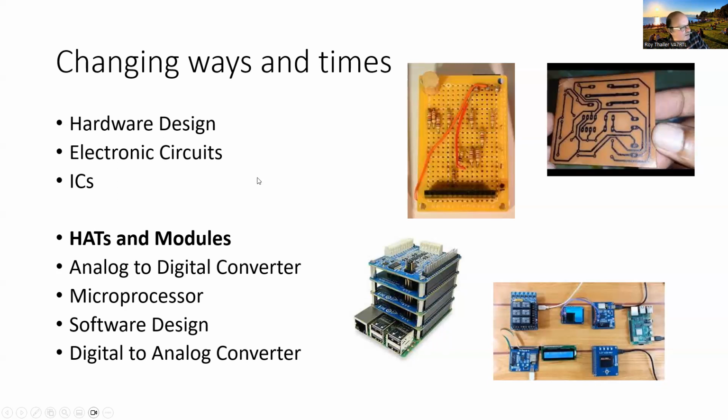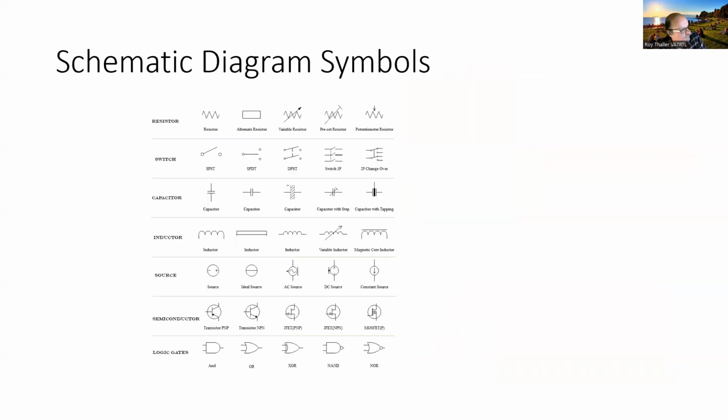So we'll spend some time on electronic circuits so you get to understand how they work, and then we'll end up doing some programming in future courses. One of the things for schematic diagrams is that there are different ways to represent various things.